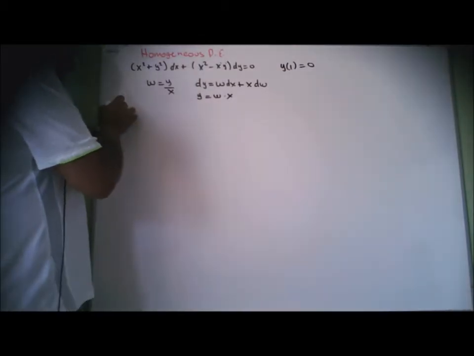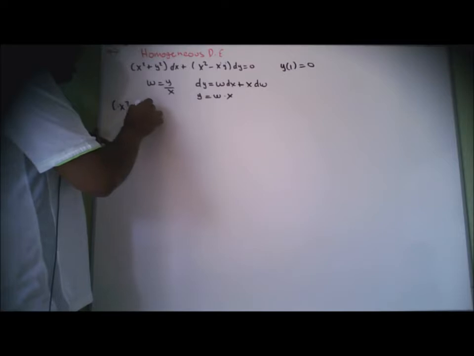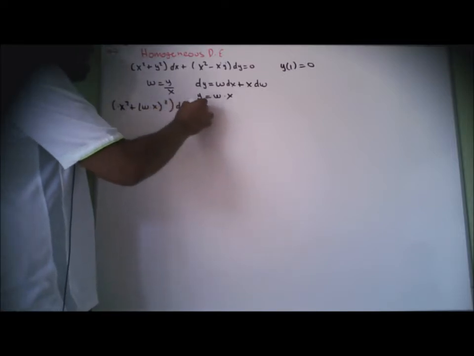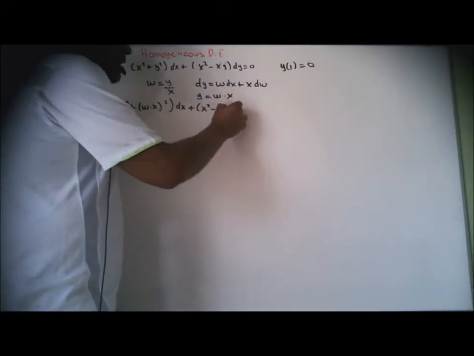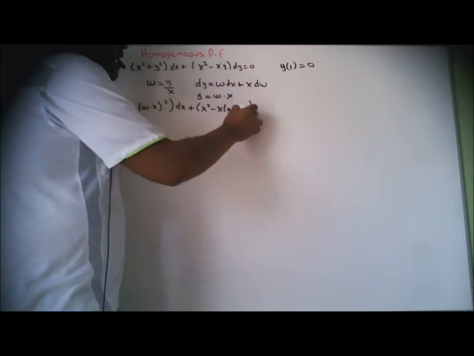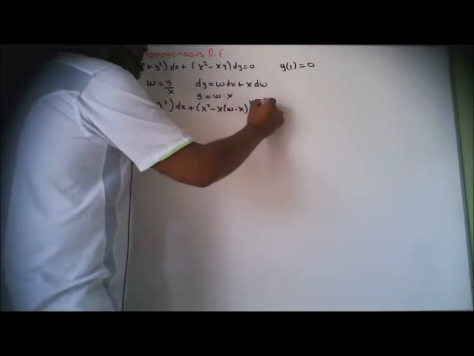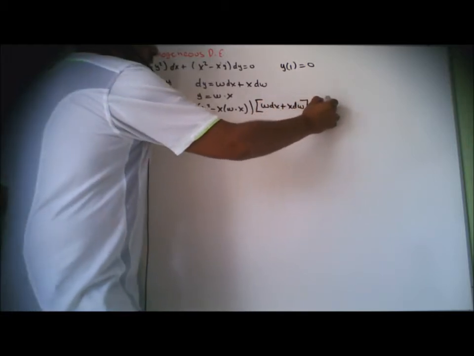It's going to be x squared plus y squared, in this case w times x squared, times differential of x, plus x squared minus xy, and here y is w times x, times the differential of y, which you replace with w differential of x plus x differential of w, and that is equal to 0.